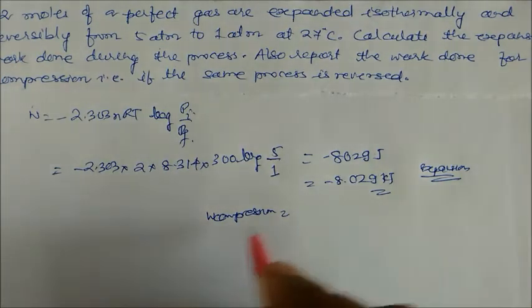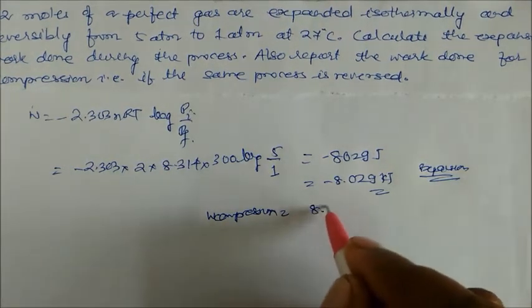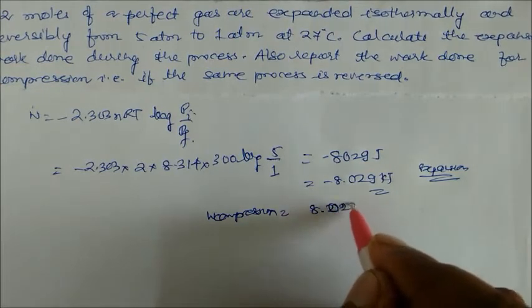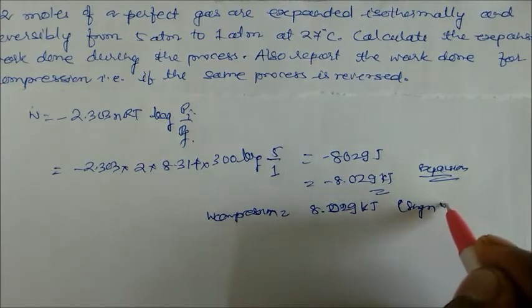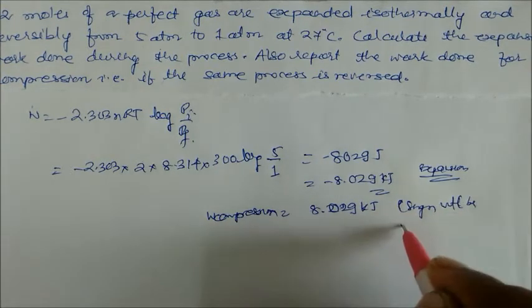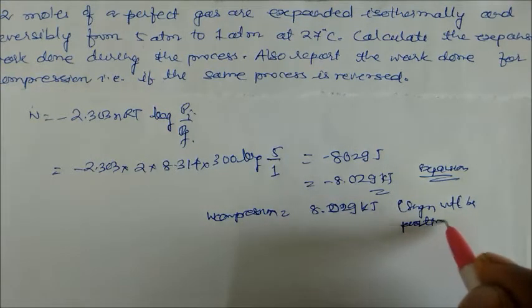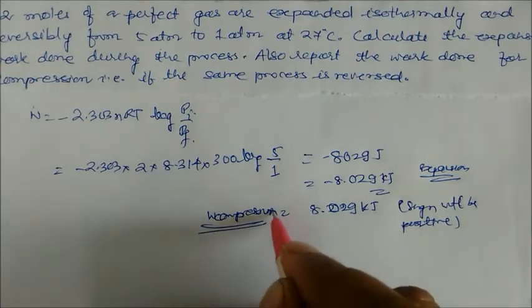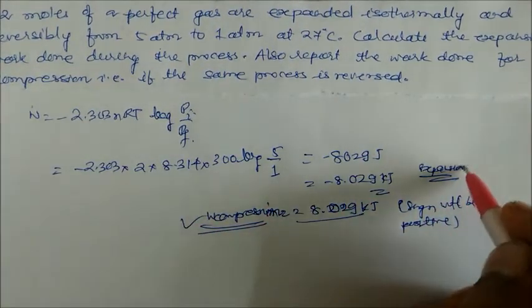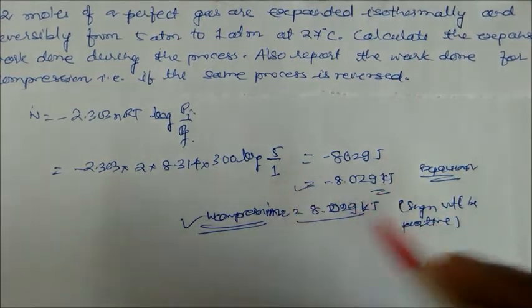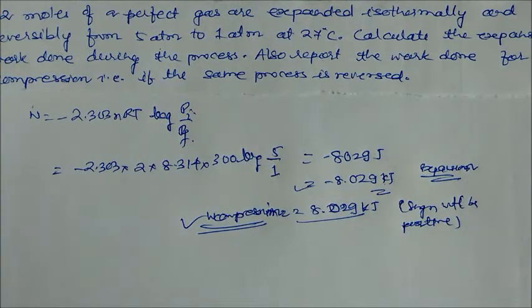Work done during compression will be 8.029 kilojoule, only the sign will be positive. So keep in mind, for compression this becomes this value, and for expansion this becomes this value. So there is only a reverse of sign.